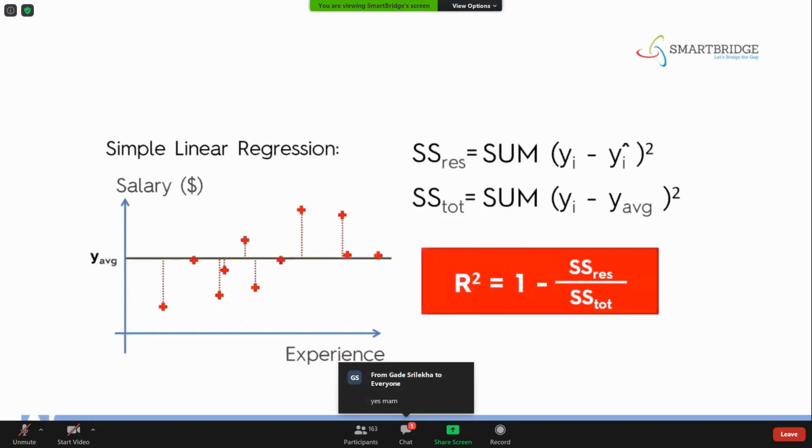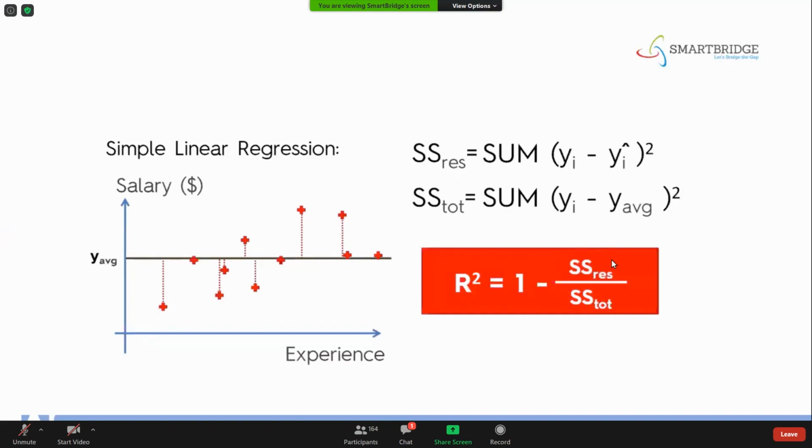Yes, R2 underscore score is used for finding the accuracy of the model. And how is that accuracy calculated? With the help of this formula. R2 score is nothing but you can consider it as R squared score. The R squared score formula is 1 minus SS res divided by SS total.